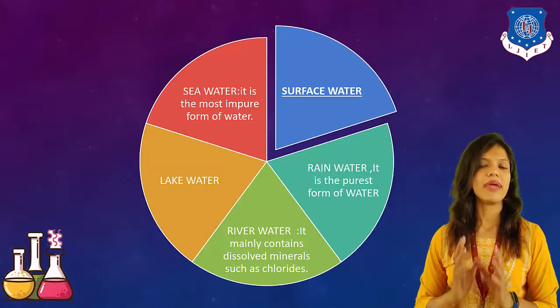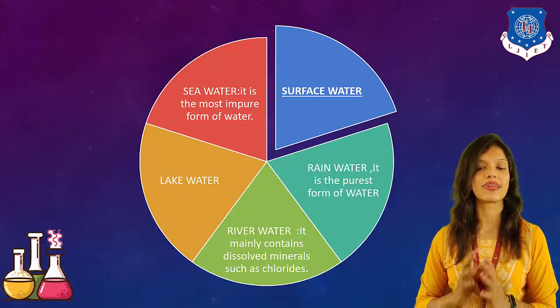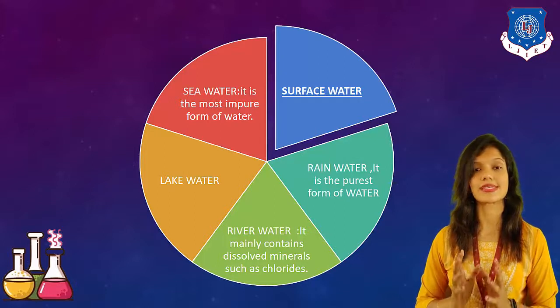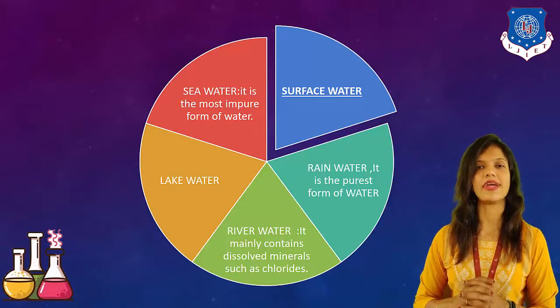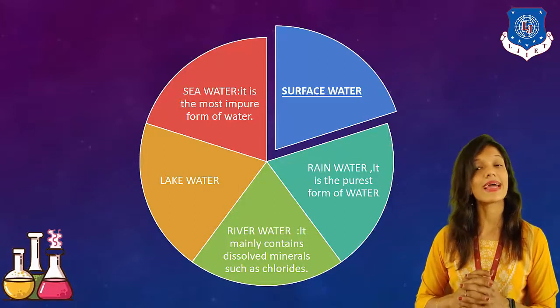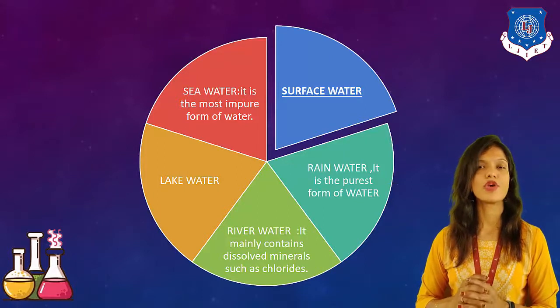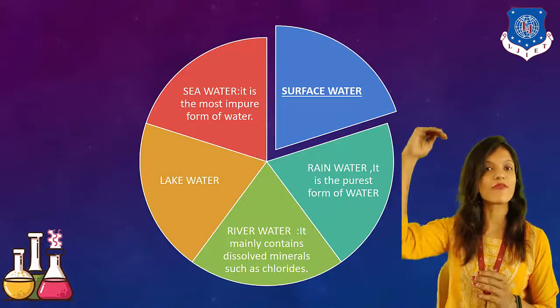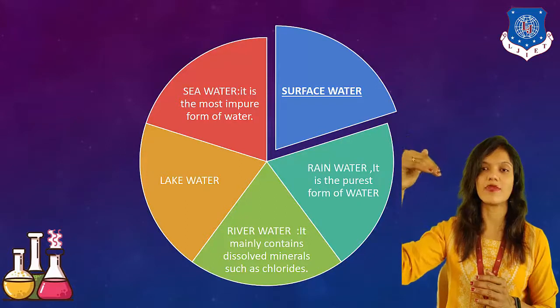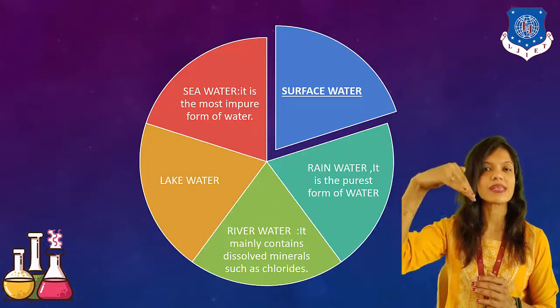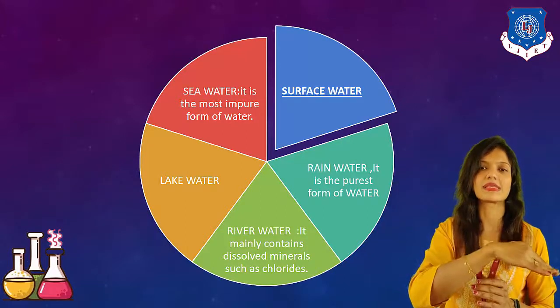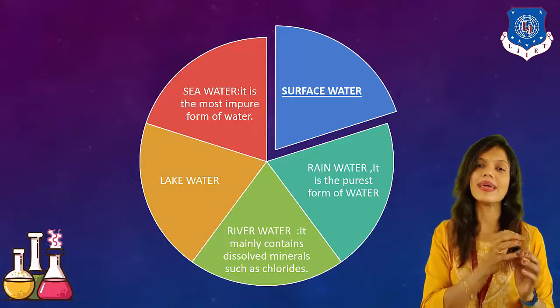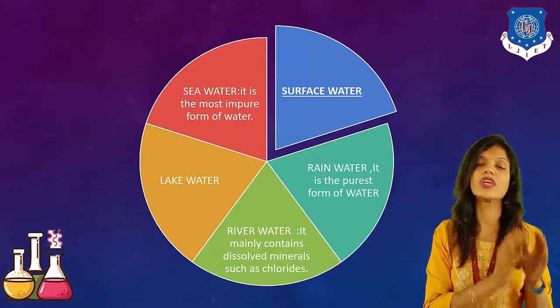It mainly consists of dissolved minerals such as chlorides, sulfates, fluorides, etc. Because we all know that rivers come from mountains. When they come from the mountain, they pass through various plains to reach an end or some other place.